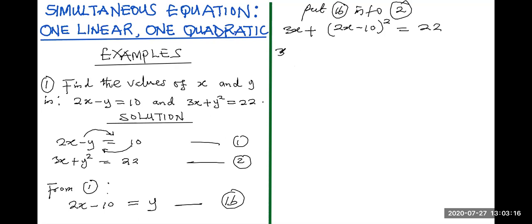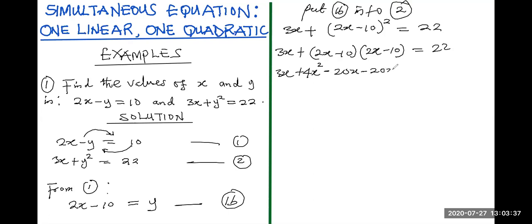So I will have 3x plus, expanding 2x minus 10, it appears twice, that's the meaning of the square, equals 22. On further expansion, 2x times 2x will give us 4x squared, 2x times minus 10 is minus 20x, minus 10 times 2x is minus 20x, minus times minus will give us plus 100, equals 22.